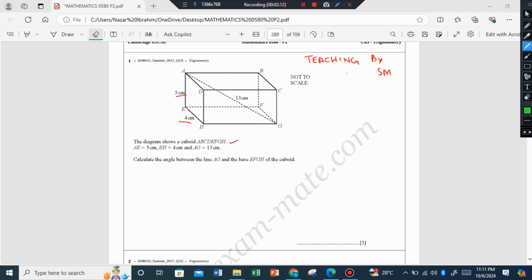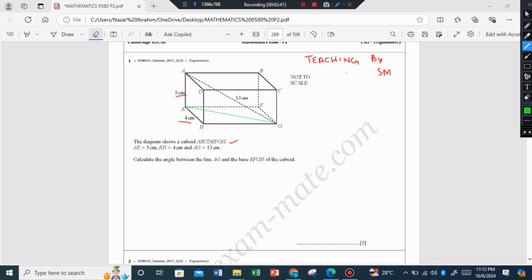Now the first thing is to recognize which angle is this, the angle between line AG and base EFGH. So firstly, I am drawing this line. You see, line AG and the base EFGH.